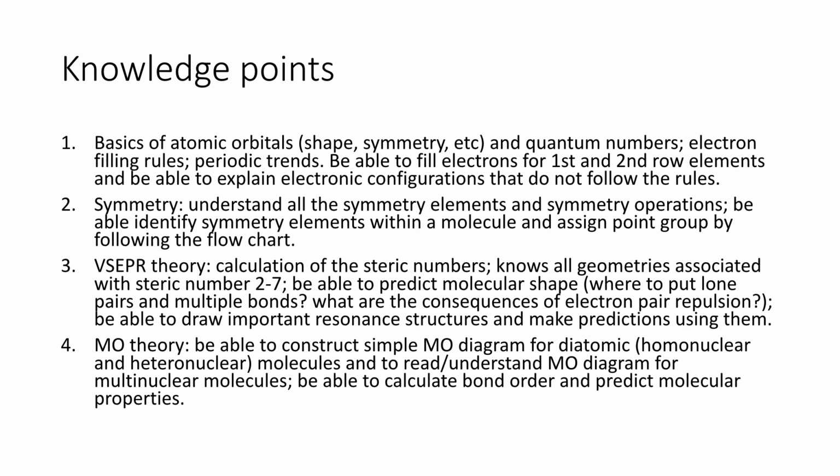Basically, the tricky thing here is where to put lone pairs and multiple bonds. How do you minimize the electron pair repulsion by placing lone pairs and multiple bonds at the best location? Typically, the most tricky molecule would be associated with trigonal bipyramidal configuration.